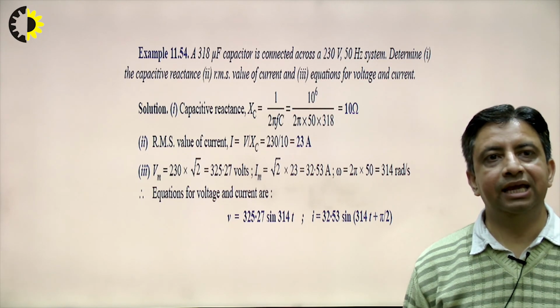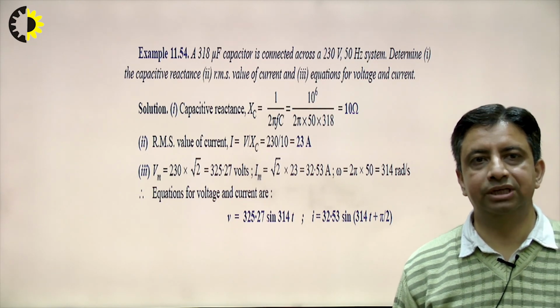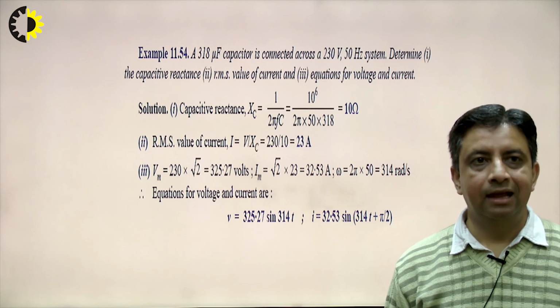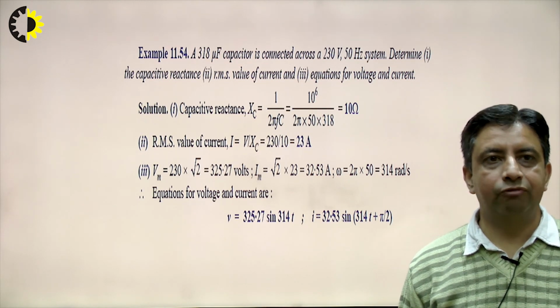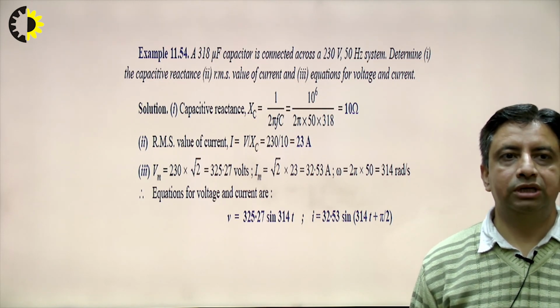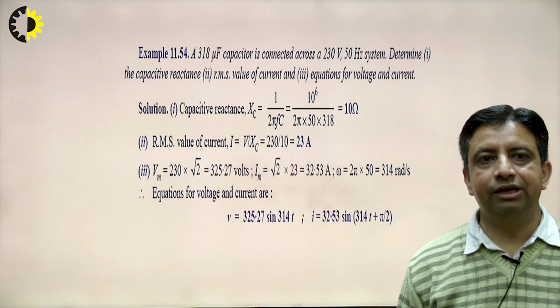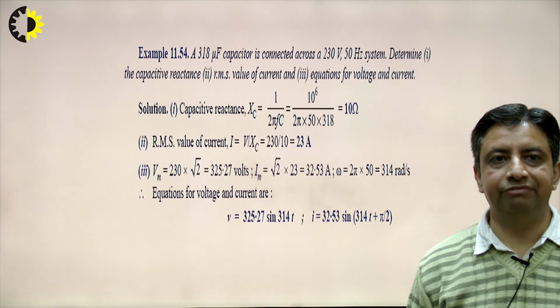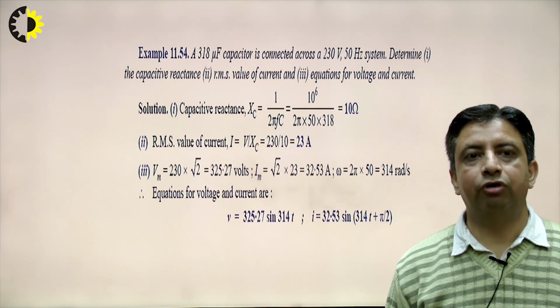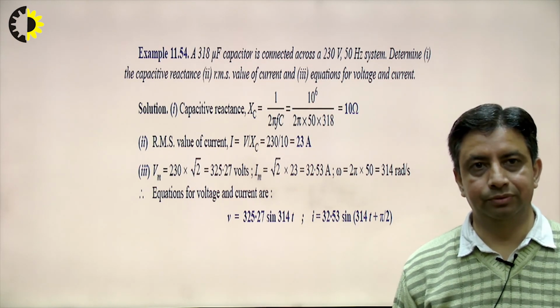Omega is equal to 2 pi f, so it is 314. Now, we can write the expression for voltage and current: V equal to 325.27 sin 314 t and I equal to 32.53 sin(314 t plus pi by 2).